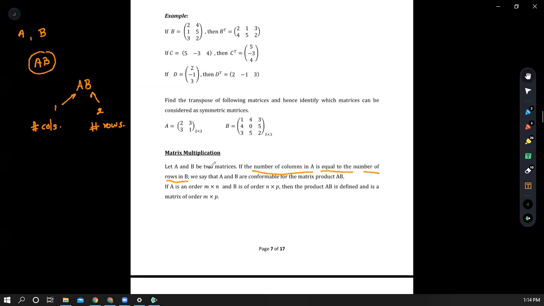Consider matrix A and matrix B with a given order. Suppose matrix A has the order m by n, and suppose B is a matrix having the order n by p. If you are to take the matrix product AB, first you need to check the condition. The number of columns in the first matrix should be equal to the number of rows in the second matrix.